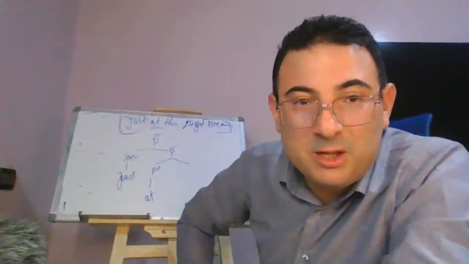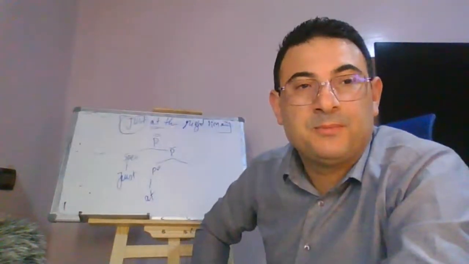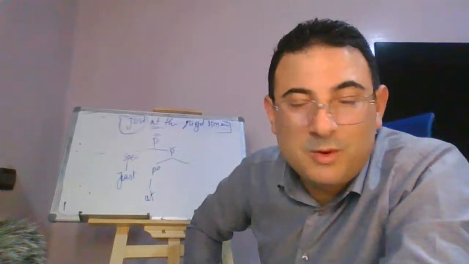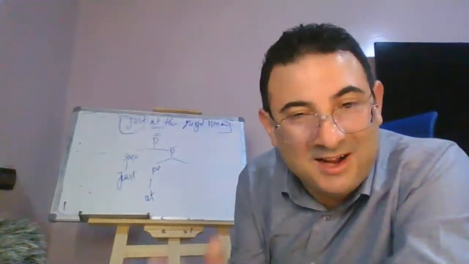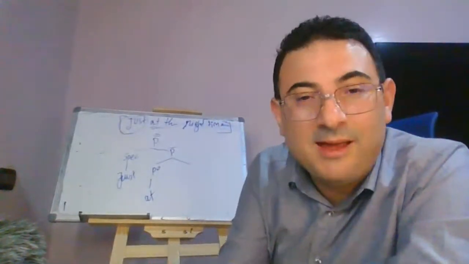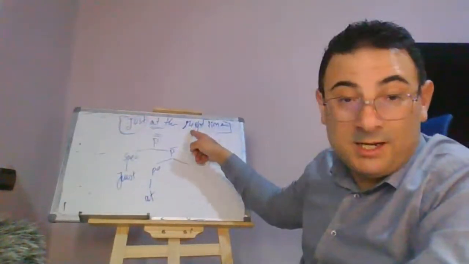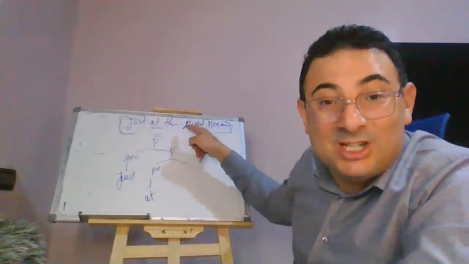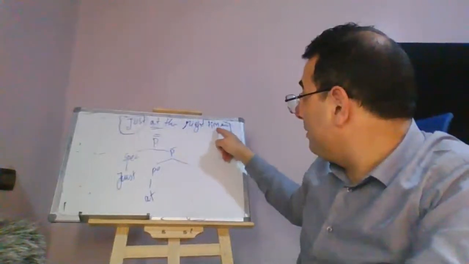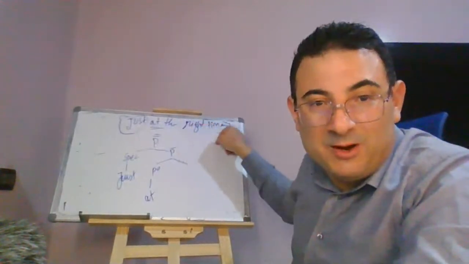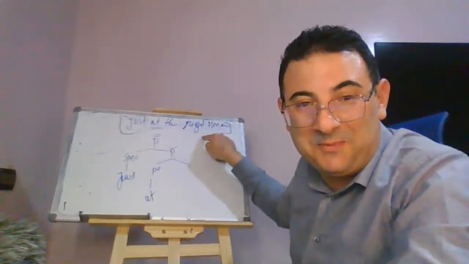Yesterday, we made the point that adjective phrases, without any hesitation, are inside the noun phrase, they are adjuncts. They cannot be complements. So right here is an adjunct.